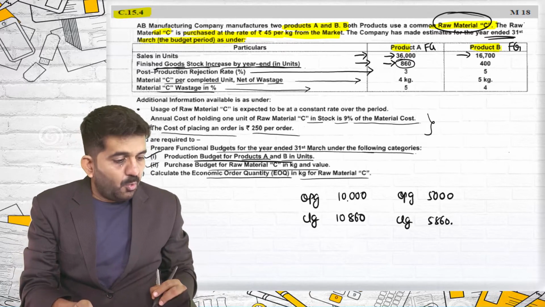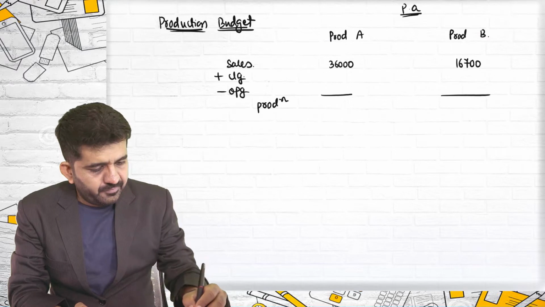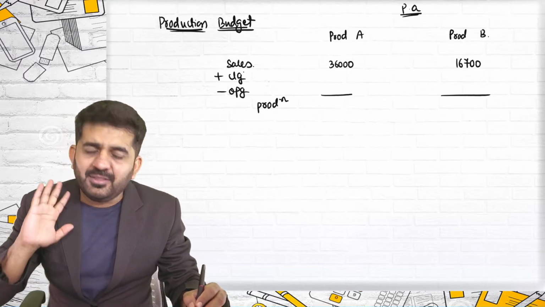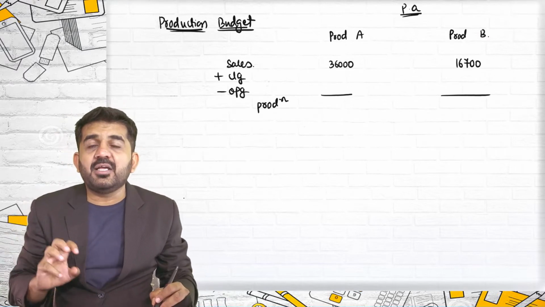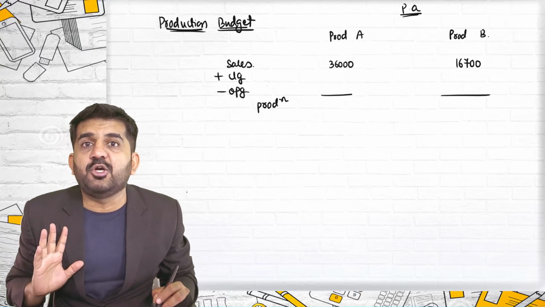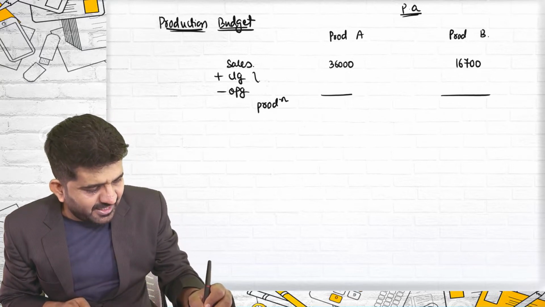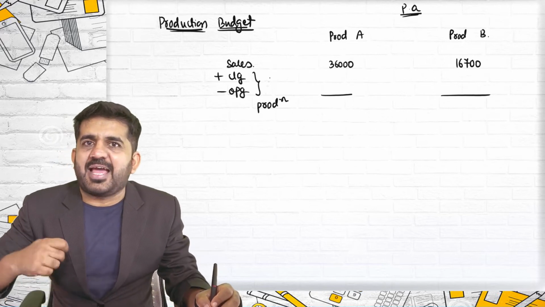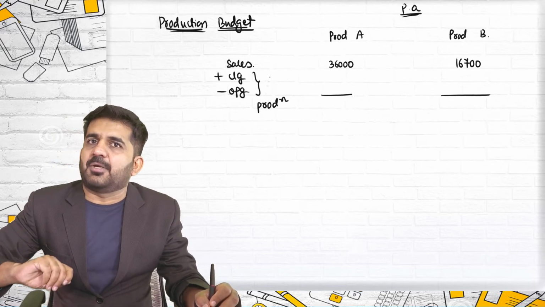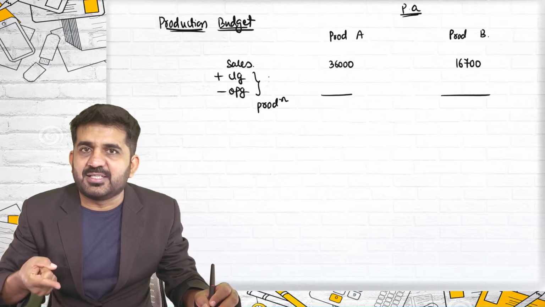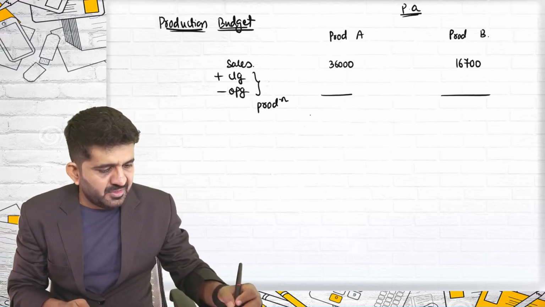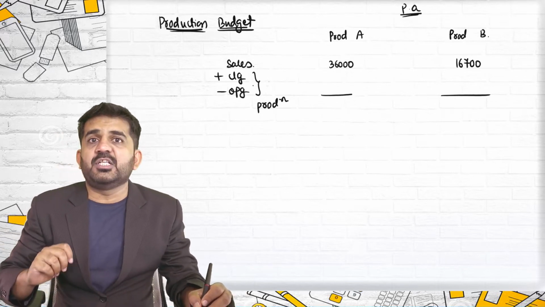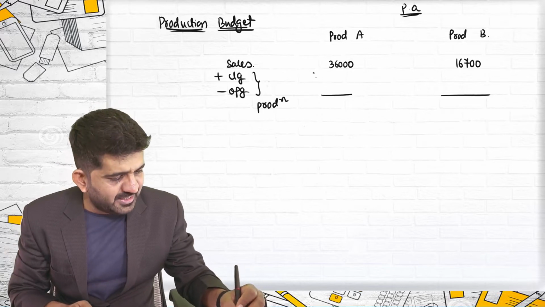Now, what we want in our chart? Closing and opening. But if both figures are individually not available and the balance is available, see, ultimately closing is added and opening is subtracted. But I know that difference between opening and closing is 860.